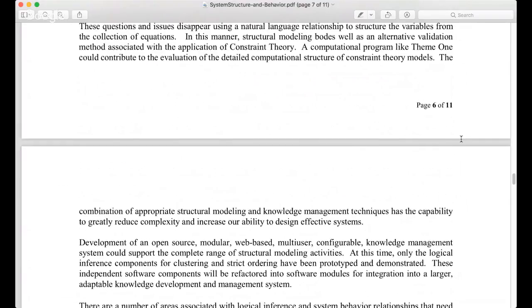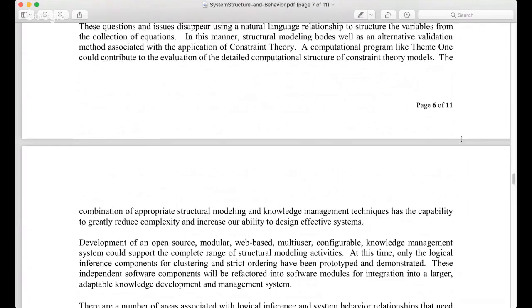Another interesting thing is that with a formal language like mathematics, it seems that a program like Theme1 should be able to contribute to the evaluation of a large set of equations or constraint theory models. So that's one area that we're going to look at once we get Theme1 into a little bit different construct.